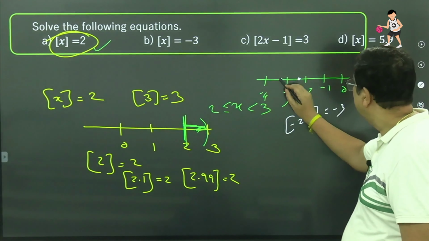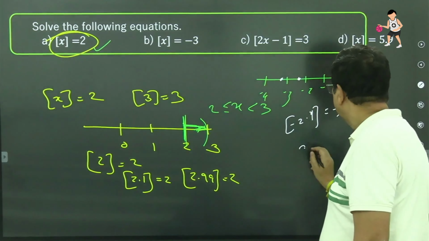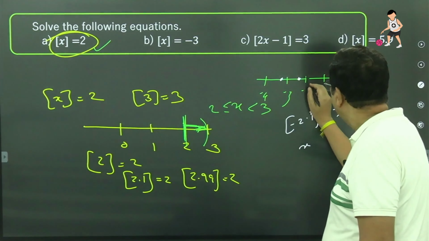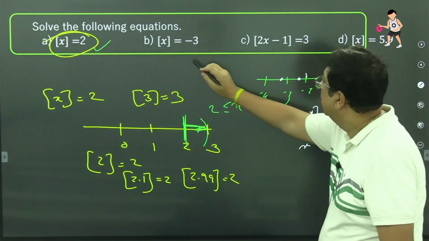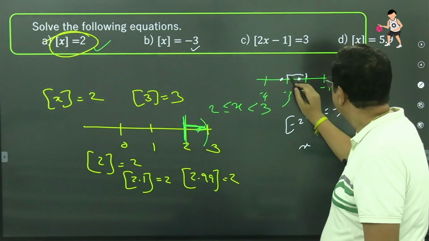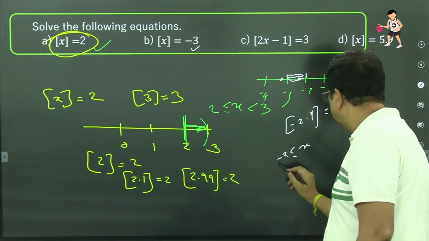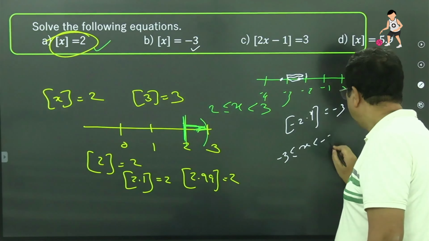If we take minus 3.1, it will go to minus 4, so x will stay here. Here it is minus 3, so minus 3 to minus 2, so x greater than equal to minus 3, less than minus 2.